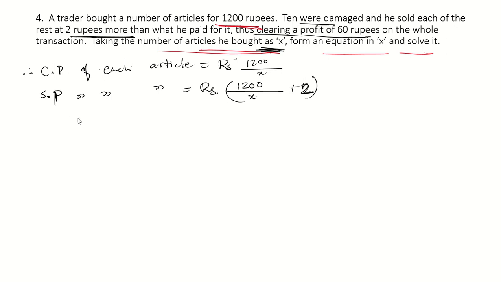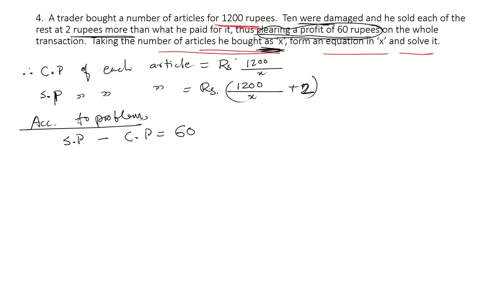Now let's see how we'll solve this problem. So we know, according to the problem, the selling price on the entire transaction minus the cost price is given as 60 rupees. You see here, clearing a profit of 60 rupees on the whole transaction. So what will be the entire selling price?